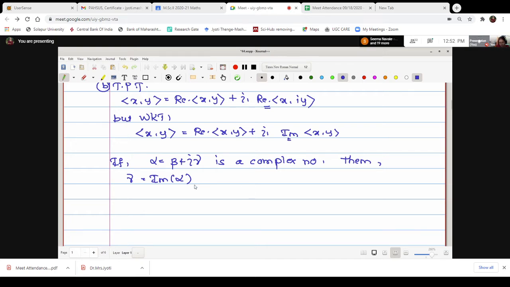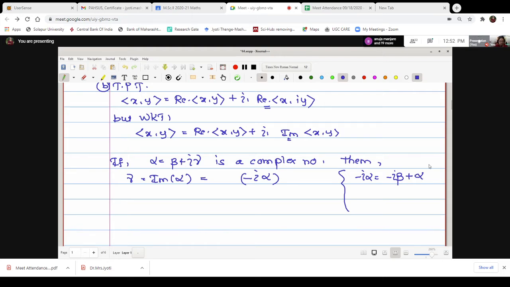But this imaginary part of alpha is nothing but, if I replace this alpha by minus I alpha, what will happen? If I just have a multiplier as minus I to the alpha, then this minus I alpha, what will it be? This is minus I beta, plus I times minus I, which is minus I square, will be plus 1.